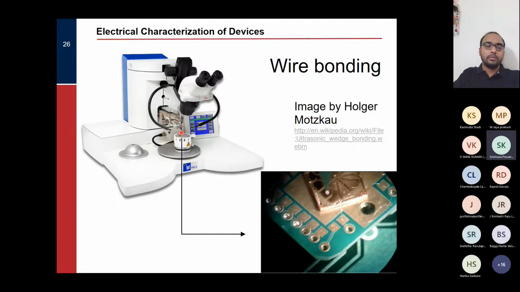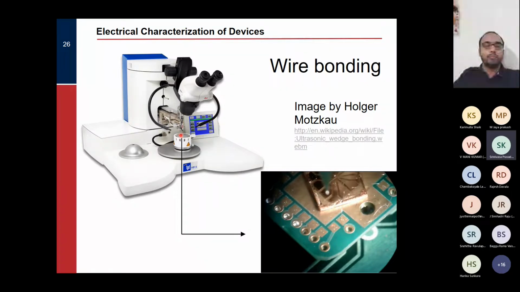Once you are at the proper location, you drop this; here is a mouse, so you can use this thing. It's like a tapping thing. You tap it, and then this needle will go and make a contact. It's like a stitching, you can simply think of that. One end of a wire will be stitched there.